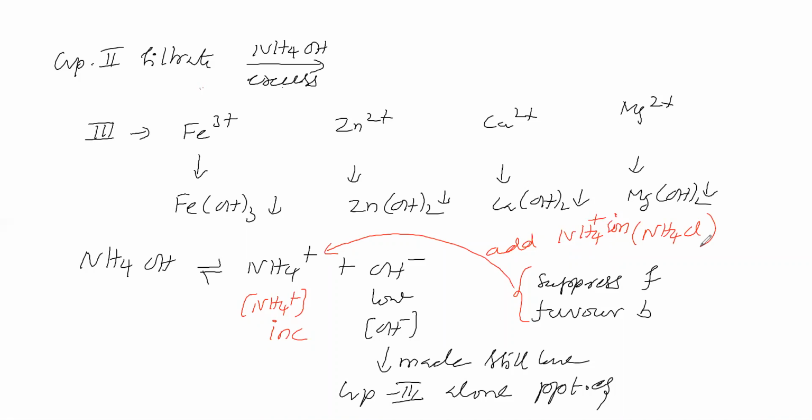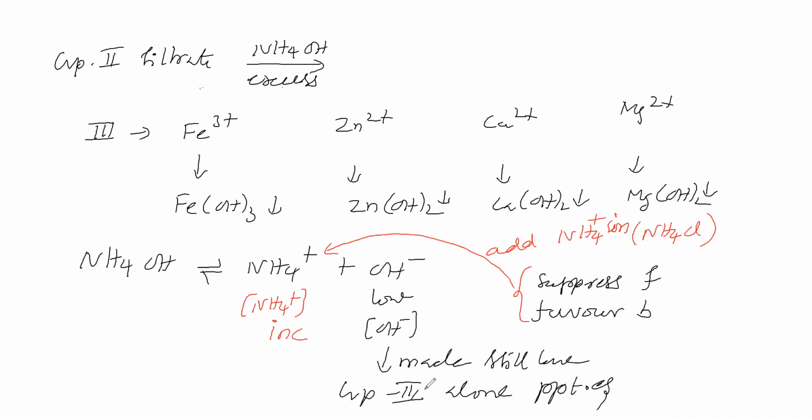On adding ammonium chloride, what happens? Ammonium chloride provides ammonium ions, that is the common ion. Therefore, the concentration of this common ion gets increased, so backward is favored. Backward being favored means some of the hydroxide is disappearing. So the concentration of hydroxide gets reduced to a certain value at which group 3 alone precipitates.